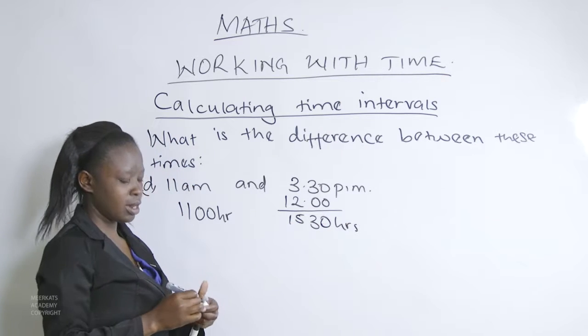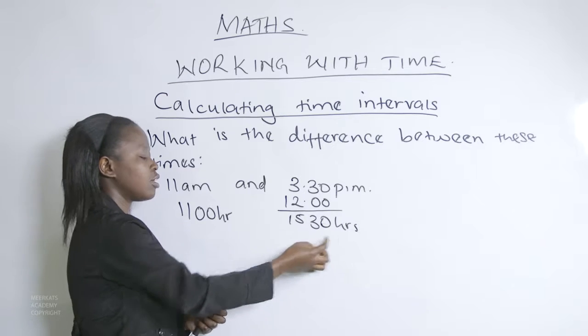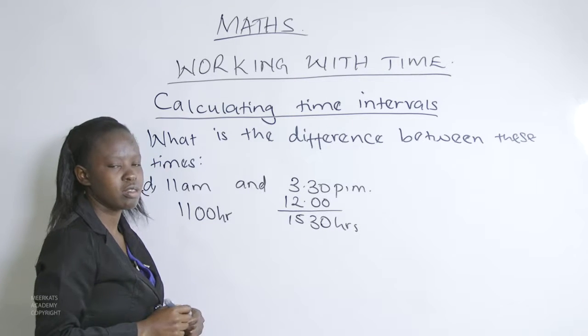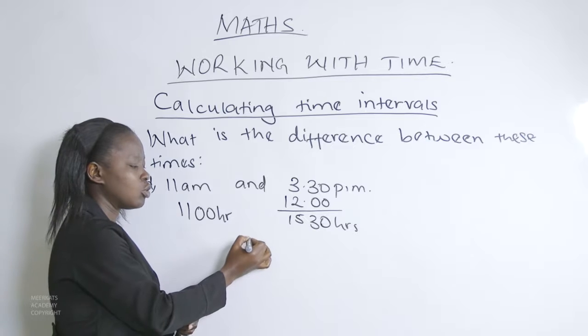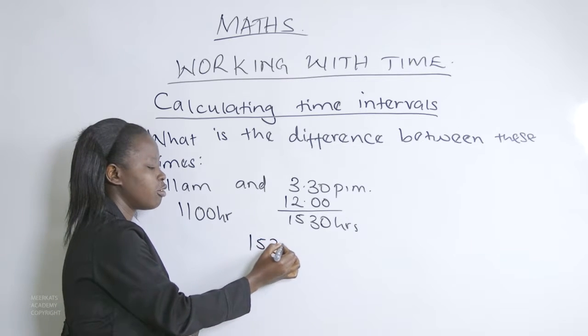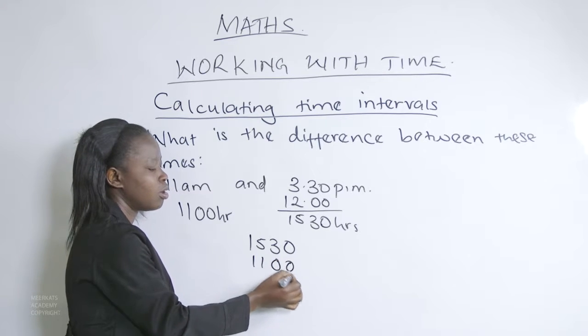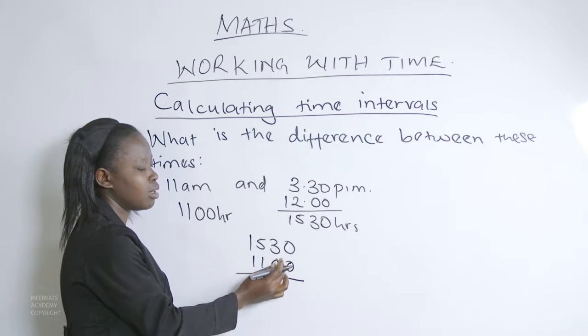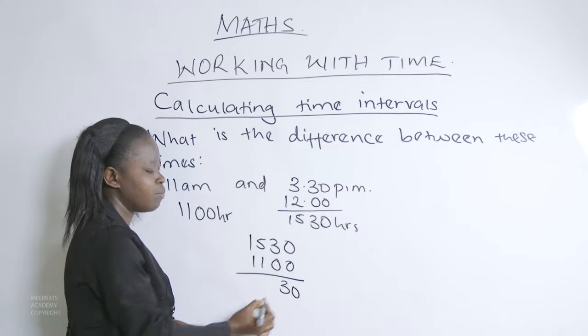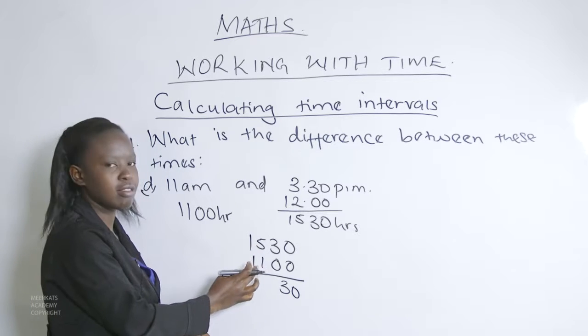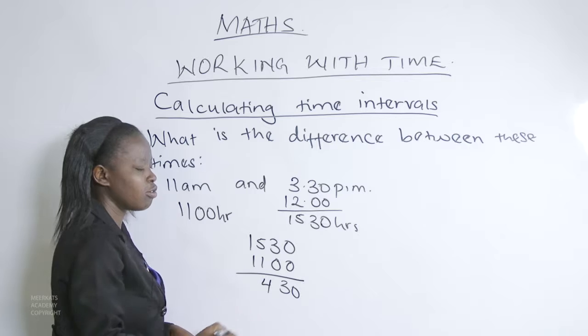So we are having 1530 hours and 1100 hours. We need to get the difference between the two times. 1530 minus 1100 gives us 30 minutes minus 0, which is 30. 15 hours minus 11 gives us 4 hours.